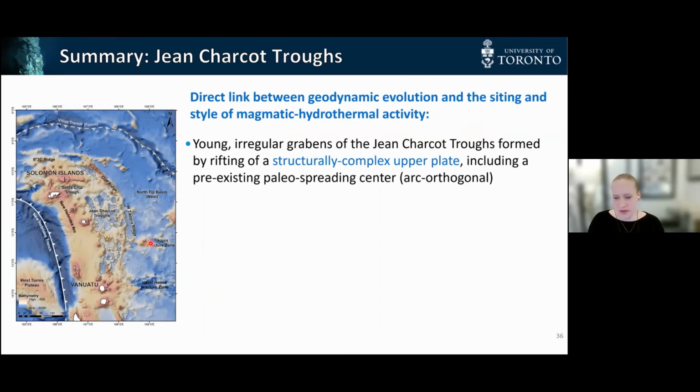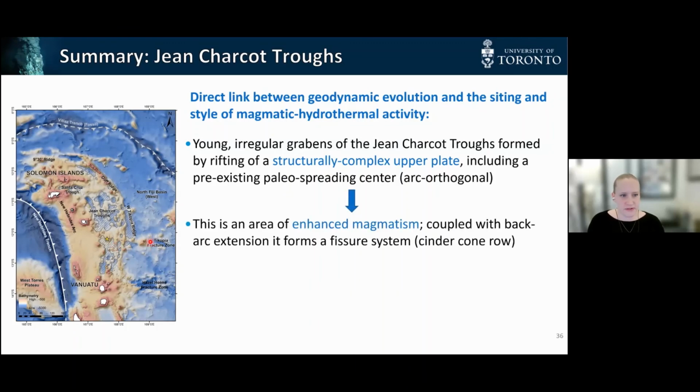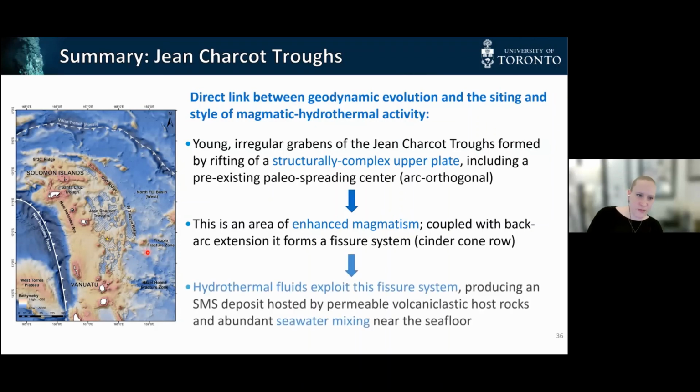And the more work we do in different subduction zones, the more it's clear that arc orthogonal faults are absolutely key to enhancing magmatism in the back arc. So again, this is on the seafloor, an area of enhanced magmatism that, coupled with this very extensional environment, forms these kinds of fissure systems. And then our fluids can exploit the fissure systems, producing this kind of massive sulfide deposit.